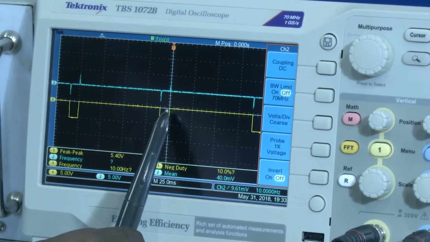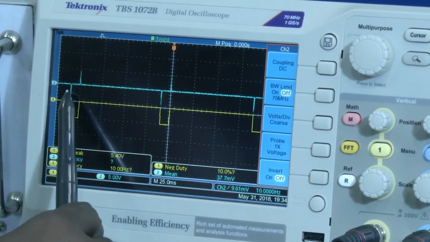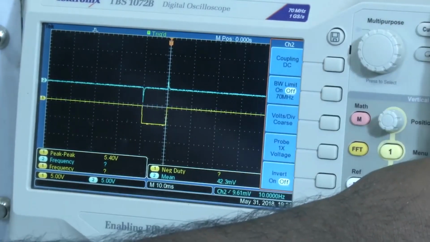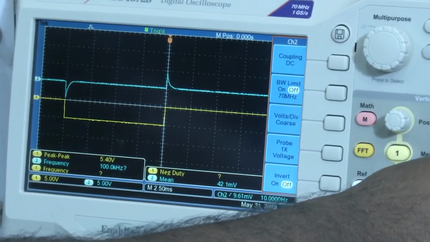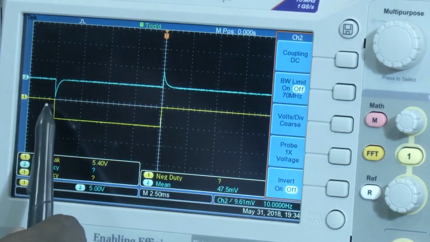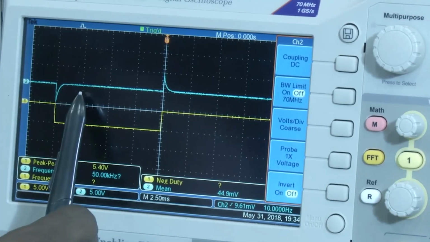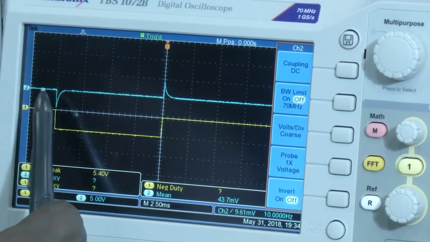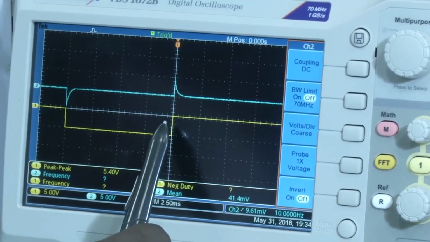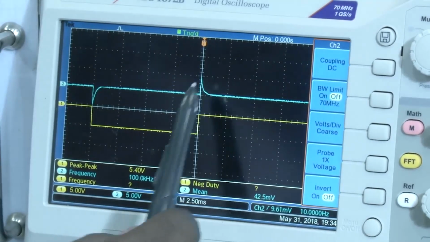Since this signal is passing through a differentiator, we are getting spikes. When I zoom it a little more, whenever there is a change from 0 to 5 or 5 to 0, we can see the spike. Because of the negative changeover, you get a negative spike. Because of the negative to 0, we are getting a positive spike here.